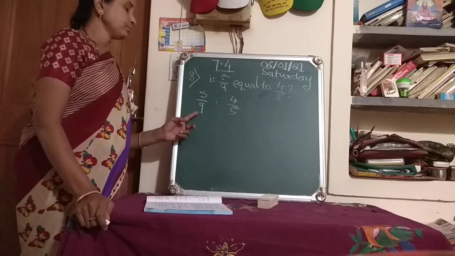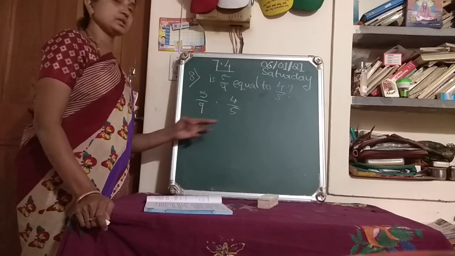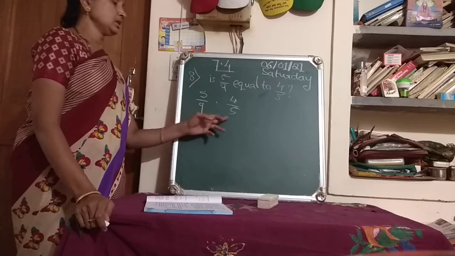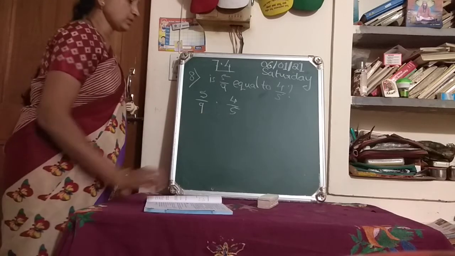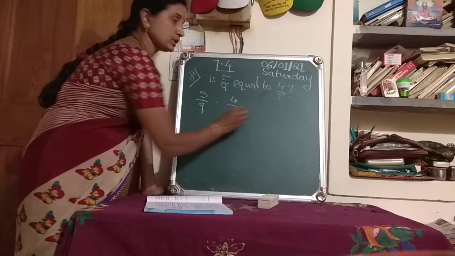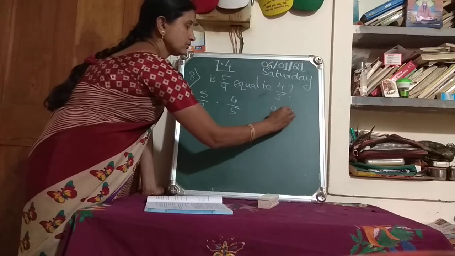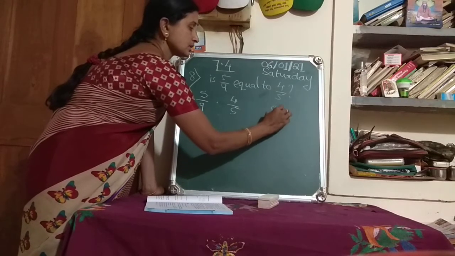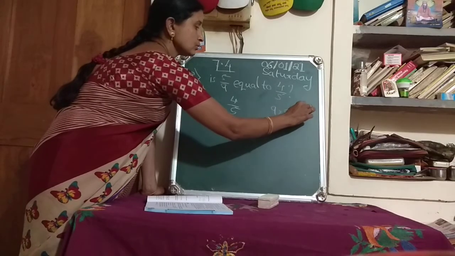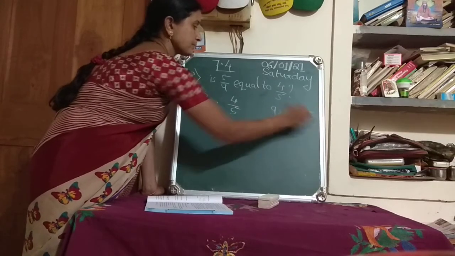But how do we come to know which is bigger and which is smaller? First we have to make the denominators the same by finding the LCM of the denominators. The LCM of 9 and 5 is 9 into 5, which is 45.